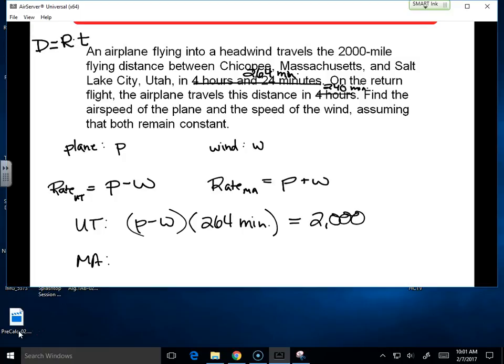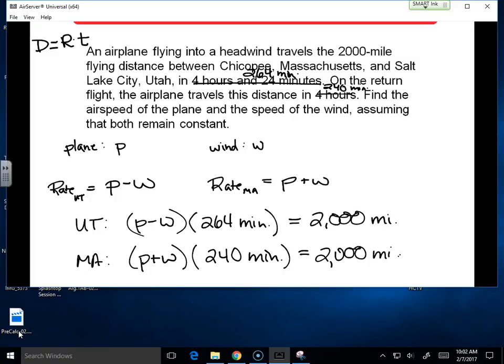Do we want to know the rate in miles per minute or miles per hour? Maybe we should have gone with hours. It's okay, we can fix it. We'll do it in a second. And then we have rate times time equals the exact same distance, right guys?